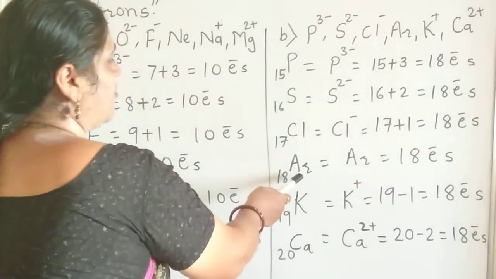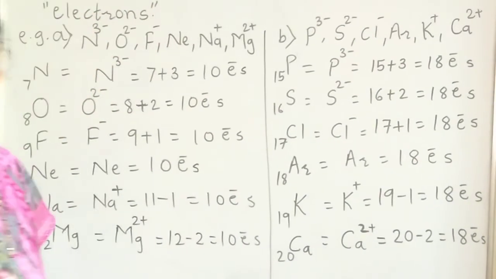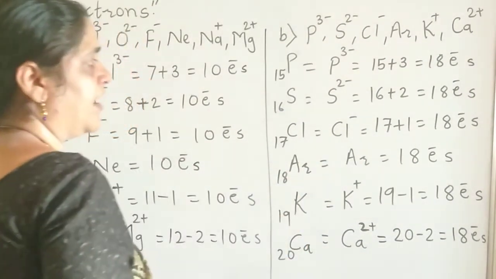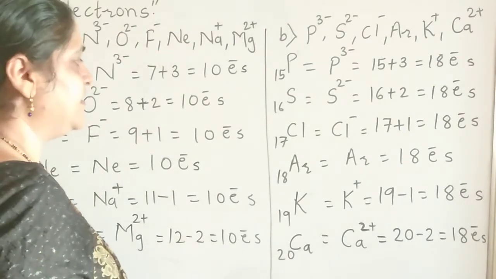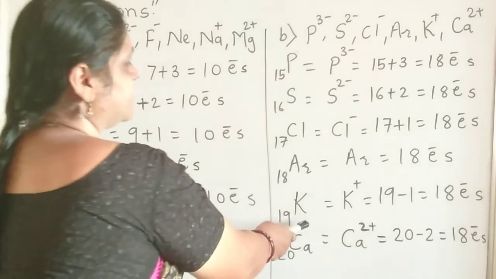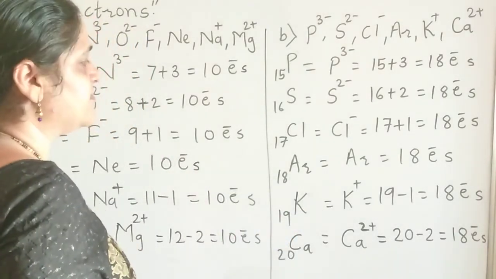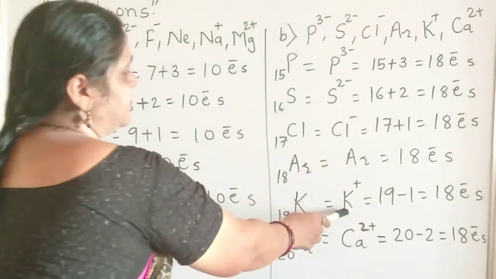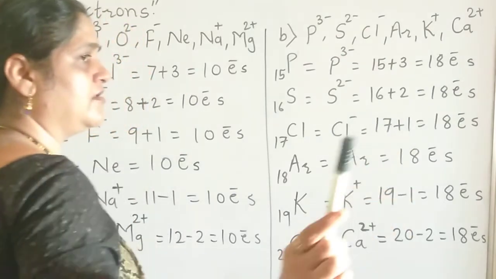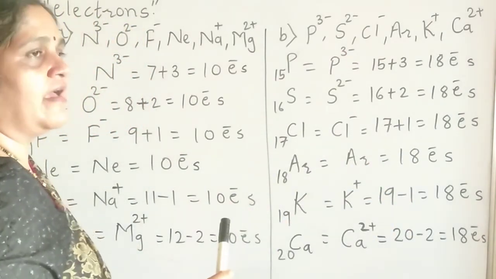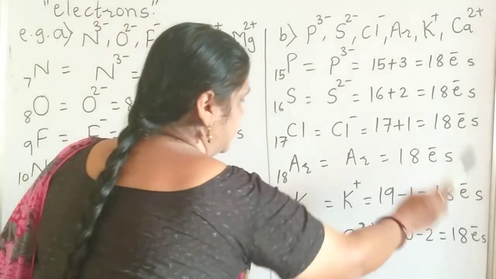The next term is argon. Argon has atomic number 18, which means there are already 18 electrons in the argon atom. Next is potassium, with atomic number 19, meaning 19 electrons are present. The potassium ion is formed by 1 electron lost from the valence shell, so 19 minus 1 gives 18 electrons.